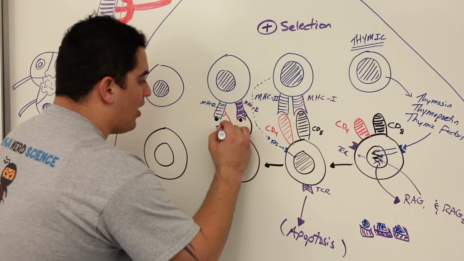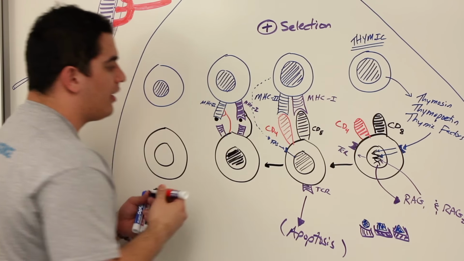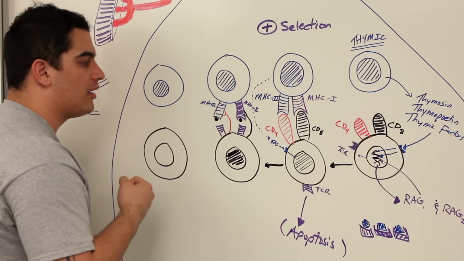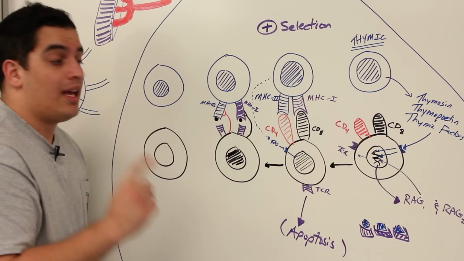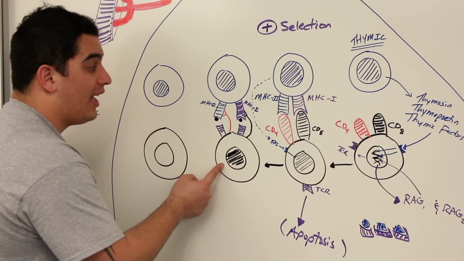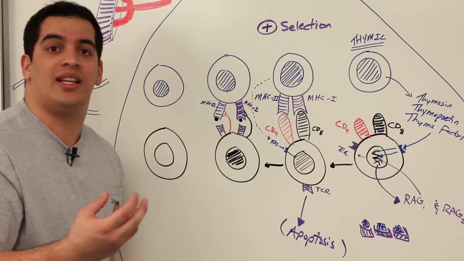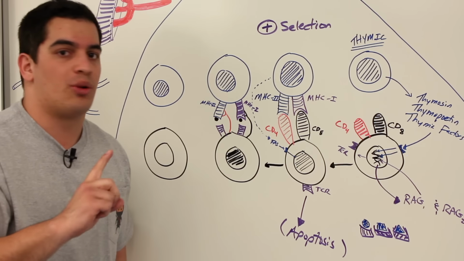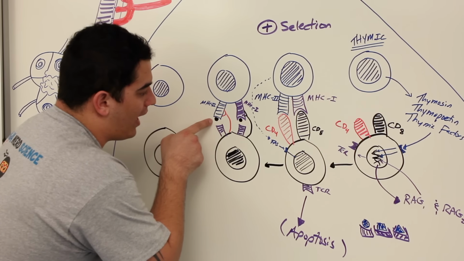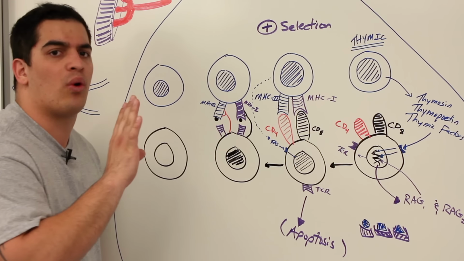Now, if the TCRs of this T cell recognize these self-antigens or self-peptides, that is not a good thing. That means that in the future, these T cells could go and interact with our own tissues. And if it does and causes damage to our tissues, that can lead to autoimmune disorders. So we don't want that. In other words, I don't want these TCRs to recognize my own self-peptides or self-antigens. I only want it to recognize foreign things.